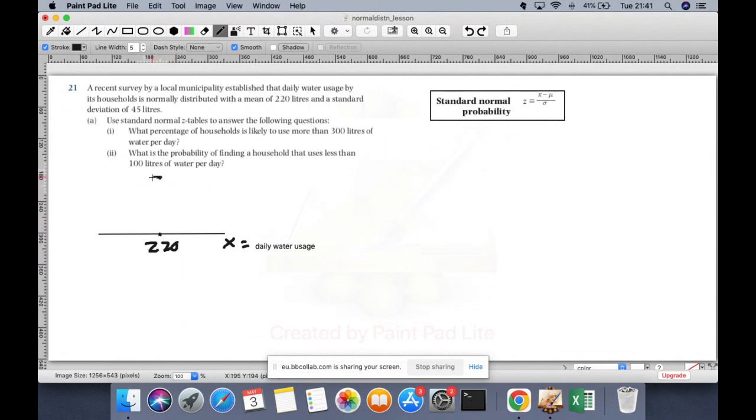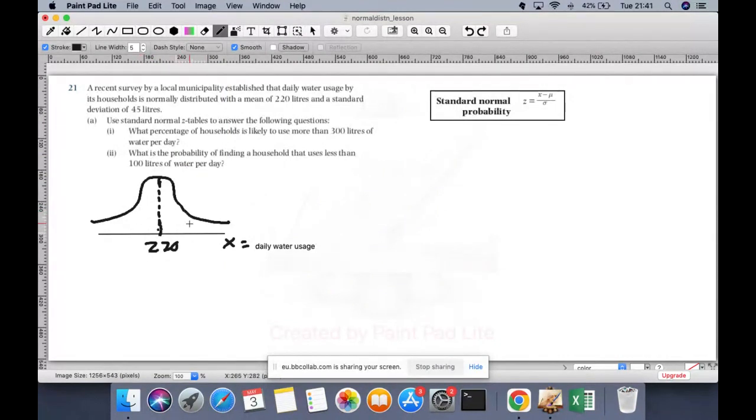Just forgive my drawing, I'm not really great at sketching. It's a bell shape, and the peak is centered at 220, and this is symmetric, right? So what you have on the right hand side of this dashed line is identical to what you have on the left side.